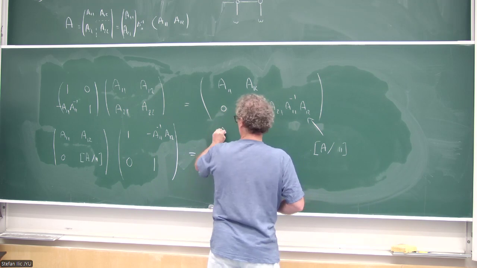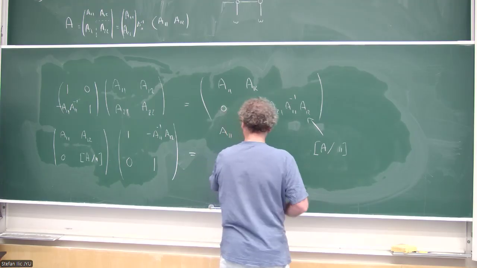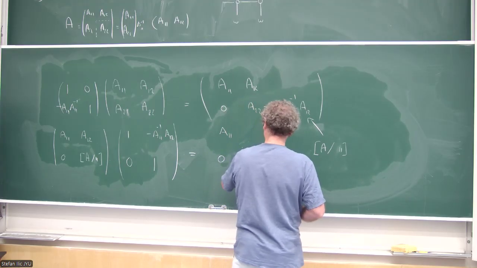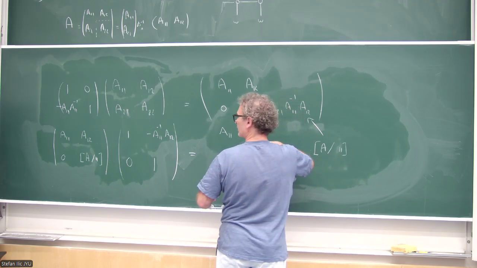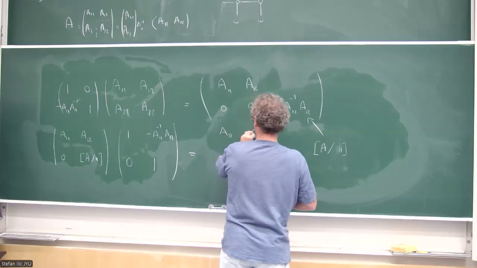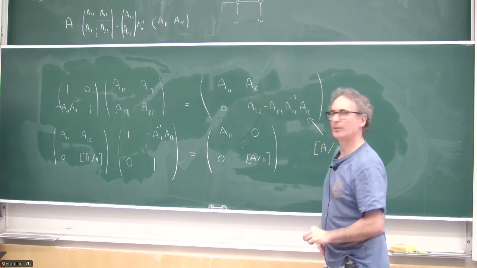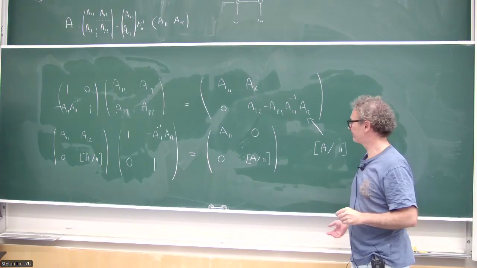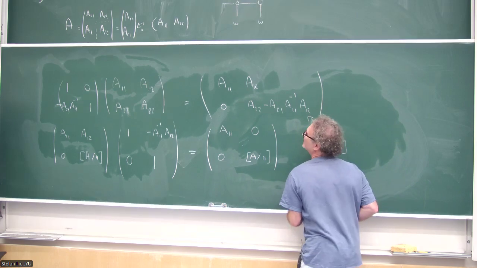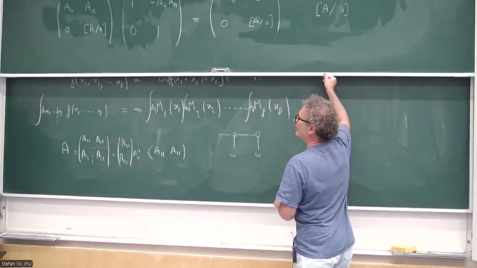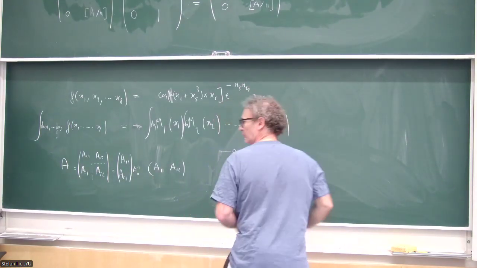So the first row is unchanged, the lower row changes, and 1 is there. And here I have now 0. Okay, just a bit of linear algebra. And I'm going to write it in the upper corner, because we need this formula over and over.